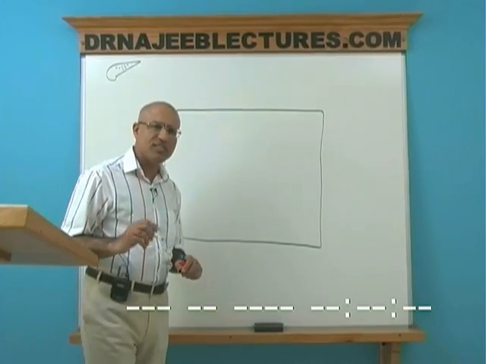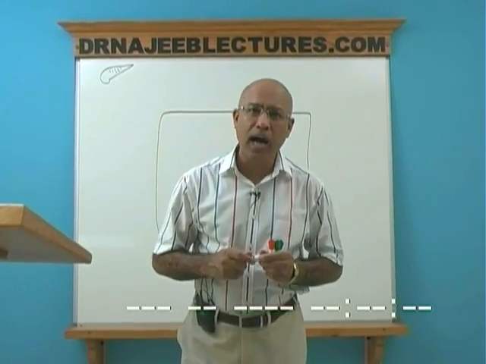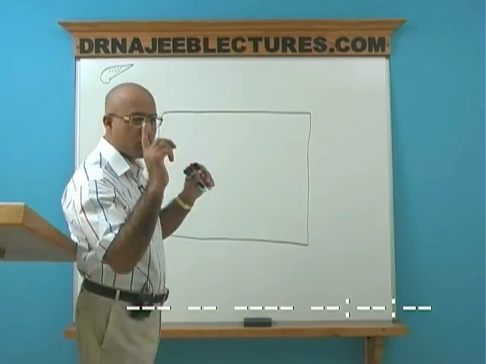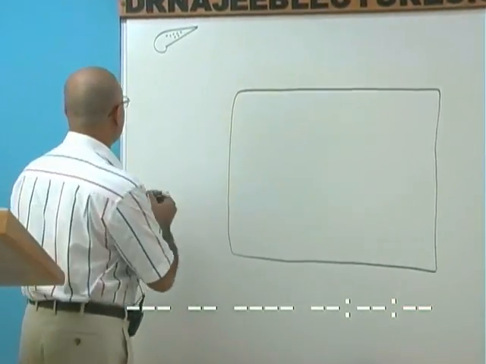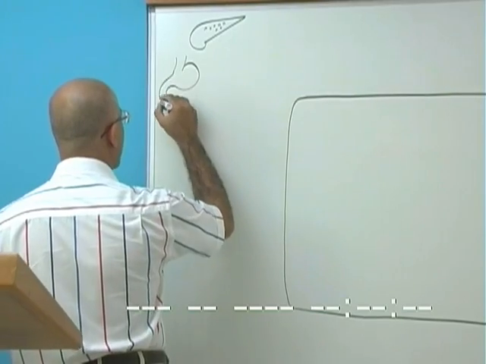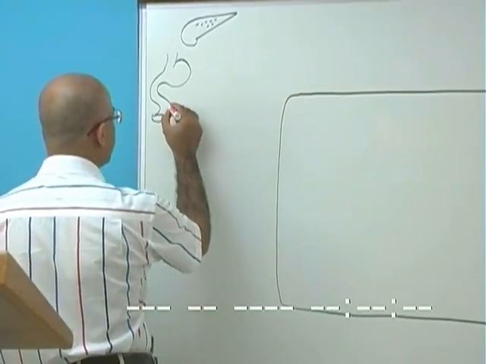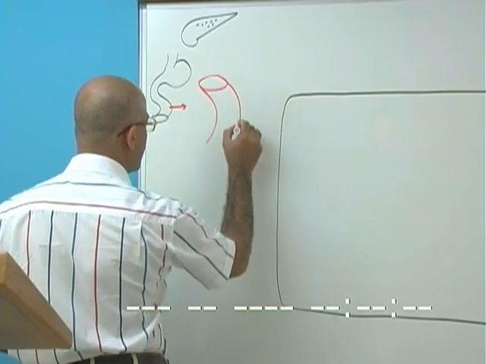But the question is how the beta cell knows that blood glucose level is going up, and how increasing blood glucose level stimulates the release of insulin. Let me tell you step by step. From the gastrointestinal system, glucose is being absorbed and coming to the circulatory system.